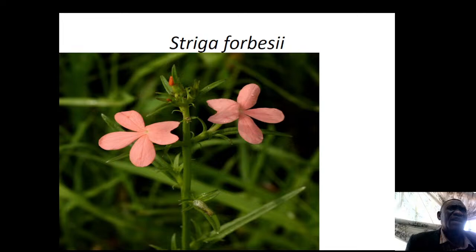This one is Striga forbesii, which is found around the Kadoma area and some parts of Kwekwe. Probably it could be found in other areas as well, but it tends to prefer red clay soils.